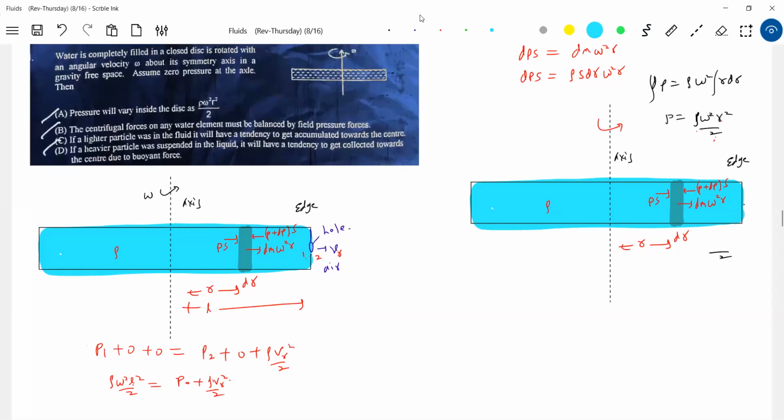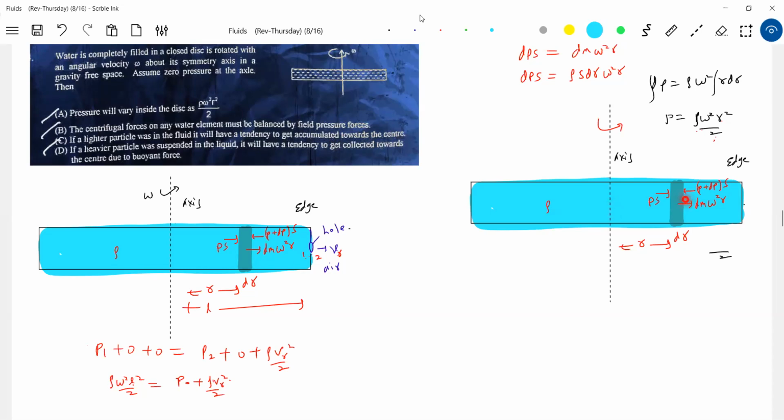Okay, let's come to this one. The centrifugal force on any water element must be balanced by the pressure force. That is the very basic equation. If a lighter particle was in the fluid, it will have a tendency to get accumulated towards the center.